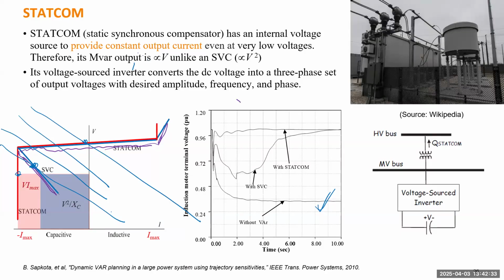If it's at a normal voltage, the induction motor behaves like a constant power or constant current load. But if it's stalled, it will behave like a constant impedance load with a very bad power factor, right? Remember there was something like that in the load modeling session. So that is the cause of the delayed voltage recovery problem.